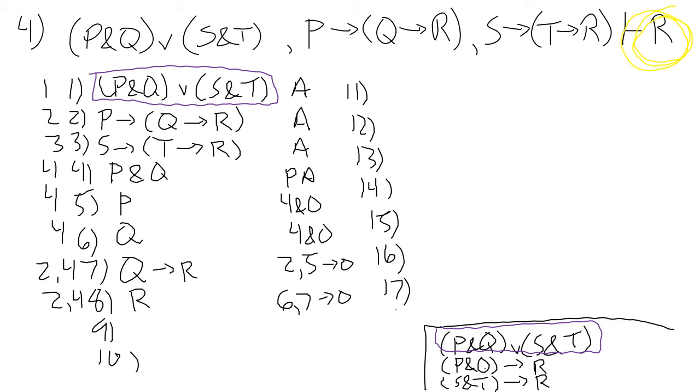And then we can, actually no, right there we have our R. So we can build our conditional statement that we're looking for from 4 and 8, arrow in. 4 and 8 would just be 2, because the 4 will drop out. So that's one of our conditional statements that we are looking for.